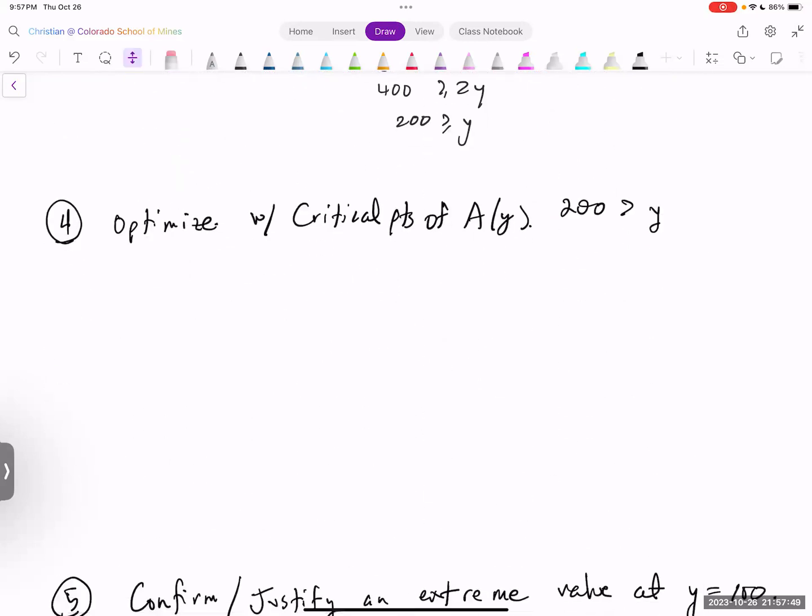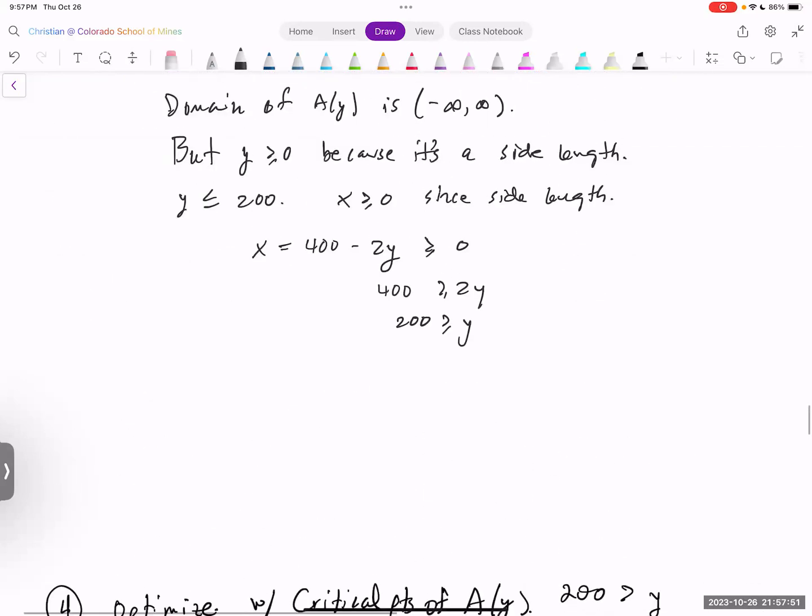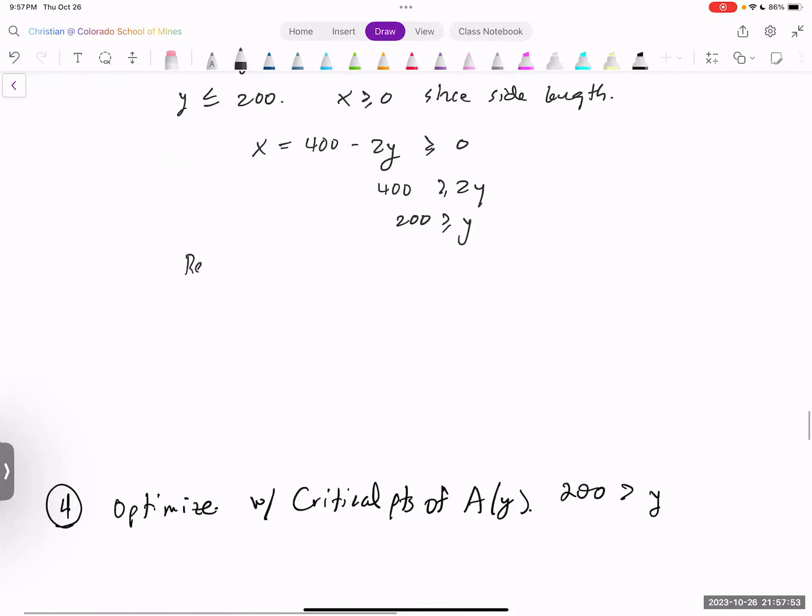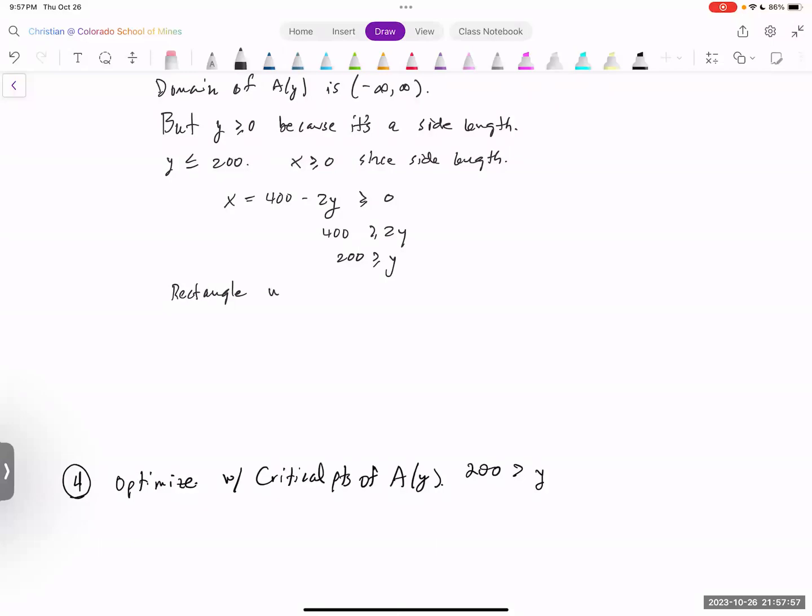Let's give us some more room. So, for example, the rectangle when Y is equal to 200, here's our wall. We would have two side lengths like this. We'd have Y and Y, both equal to 200. We would have no X. X is equal to 0, and we get no rectangle.